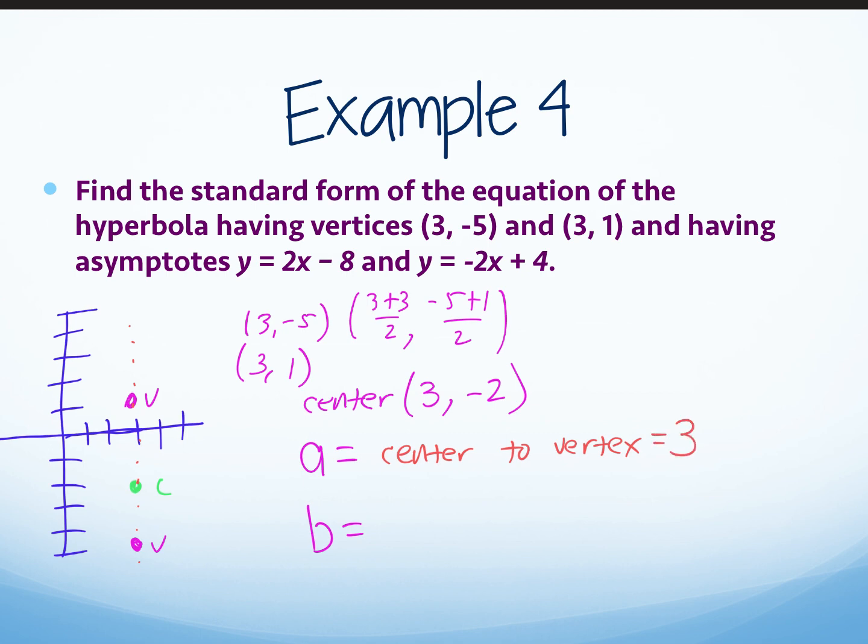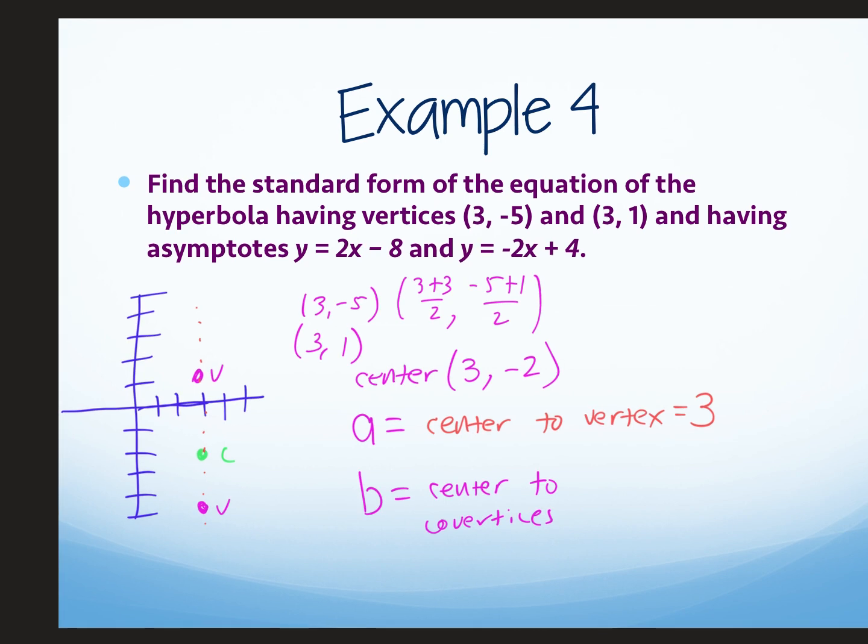What is the B value? Distance from center to co-vertices. Well, since all of my useful information is on the Y, up and down, my co-vertices are on the X. Do I know anything about that? No, I don't have any points I can plot to count, so let's think about it.